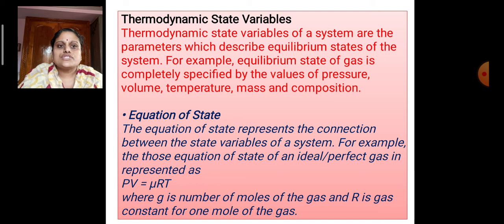The equation of state represents the connection between these state variables of a system. For example, the equation of state for an ideal gas can be represented as PV is equal to mu RT, where mu is the number of moles and R is the universal gas constant for 1 mole of gas.